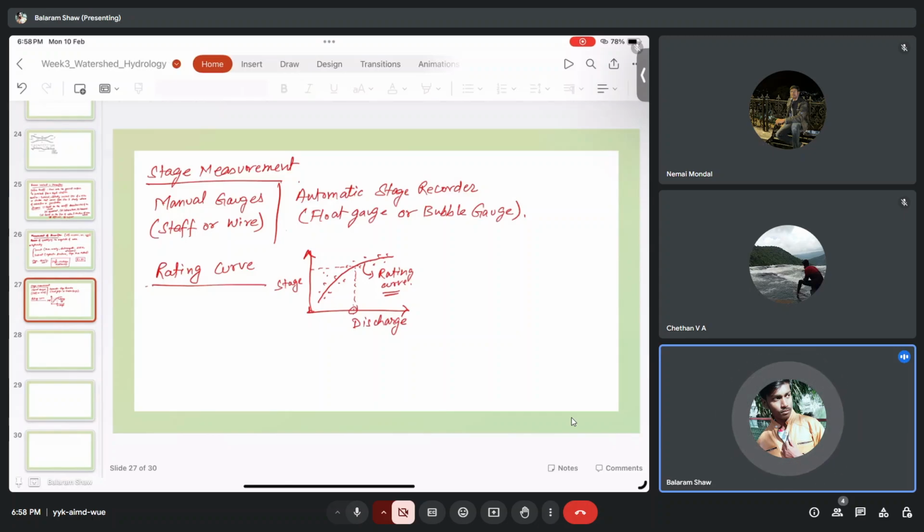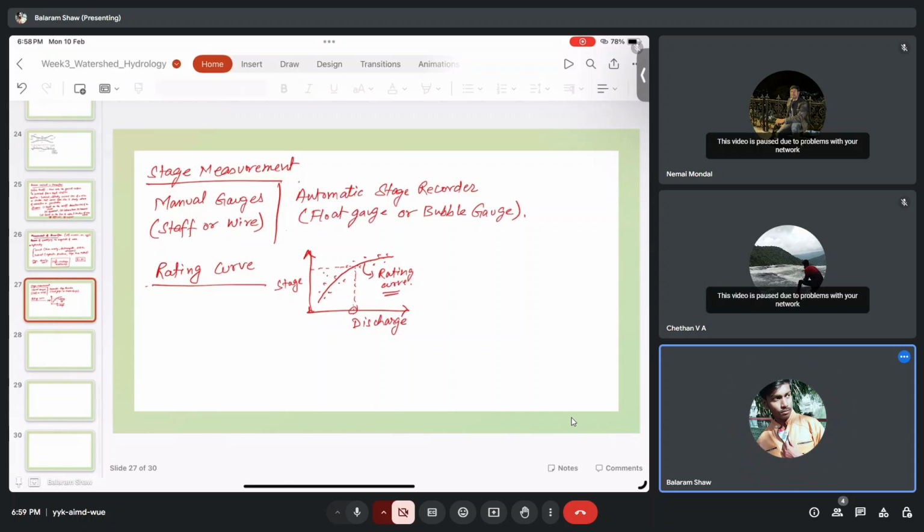In the area velocity method, it involves measuring the flow velocity at different sections of a stream, and then we multiply that with the area. So we can write Q equals A into V.